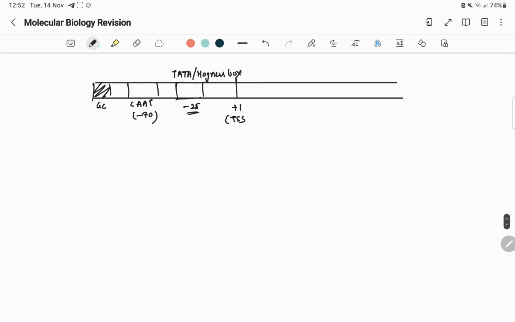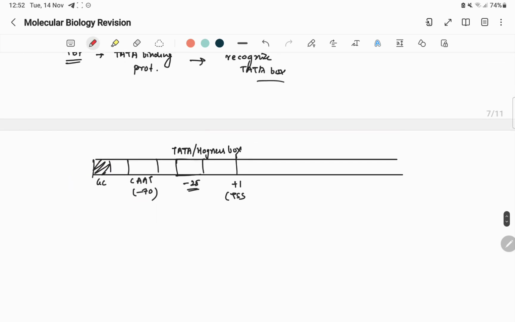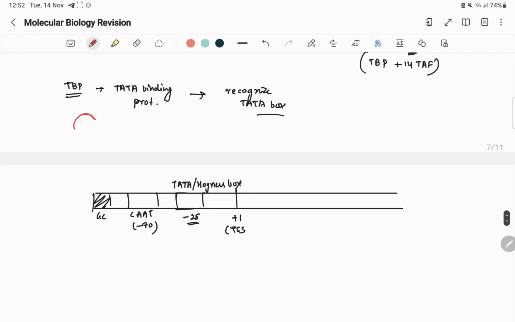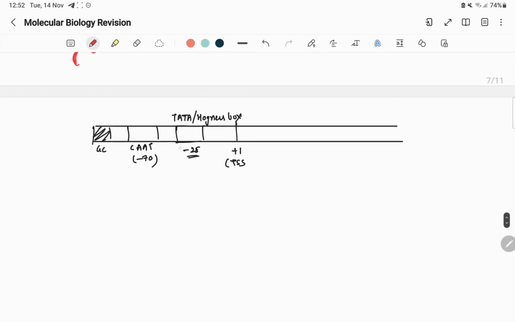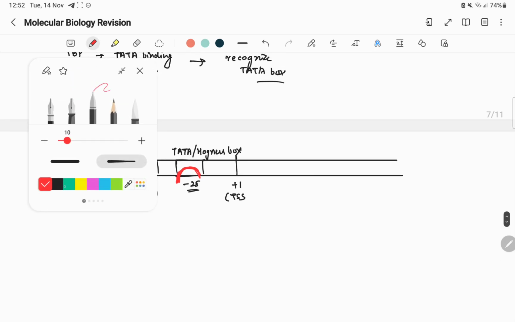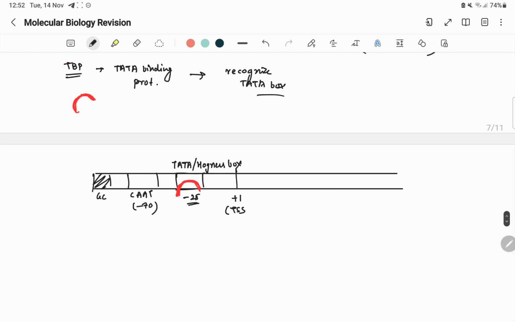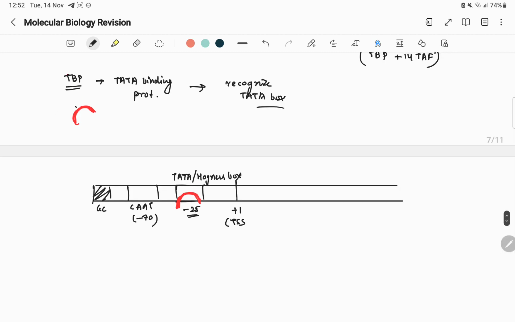So this is your TATA binding protein. This will recognize the TATA box, and the TATA binding protein will help to bind the transcription factor 2D, TF2D, to the TATA box.